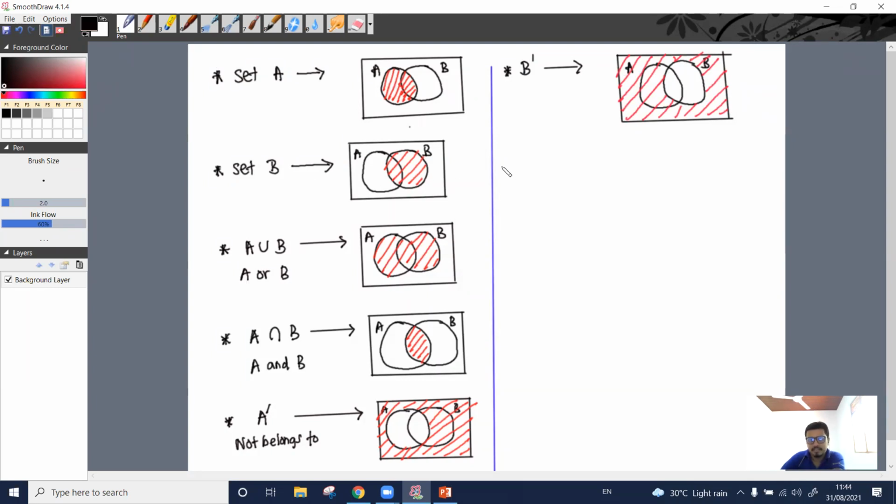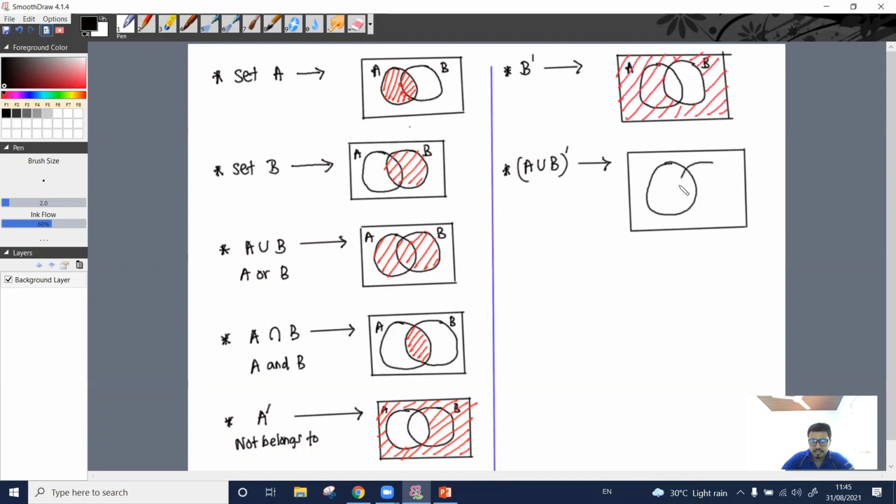What else can we have here? A union B dash. How can we represent this?